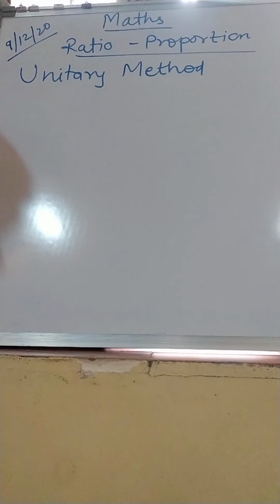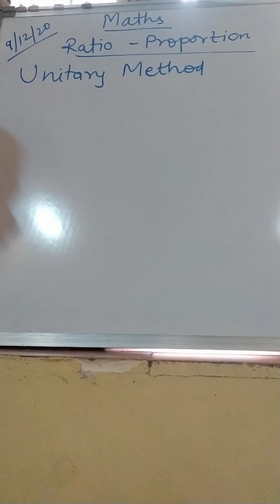For that you divide 25 by 10, then you get the cost of one flower, and then you multiply with the required quantity, that is 4. So find the cost of one article from that of many by division, then find the cost of many articles from that of one by multiplication. And this entire method of solving problems is called the unitary method.